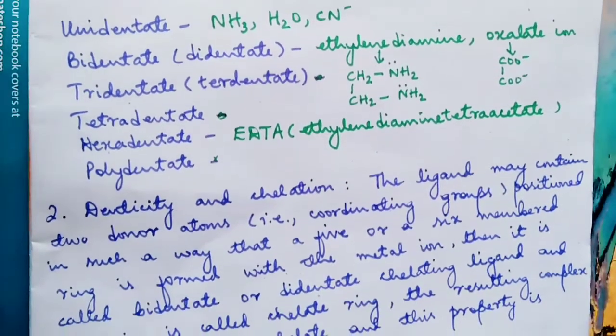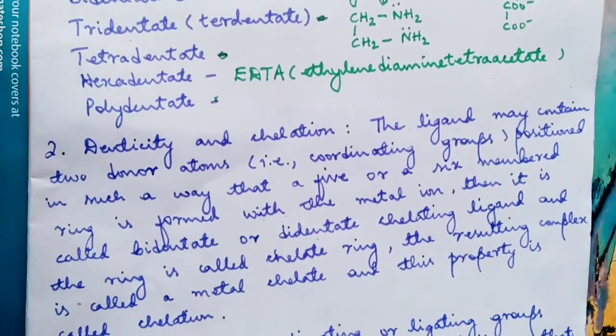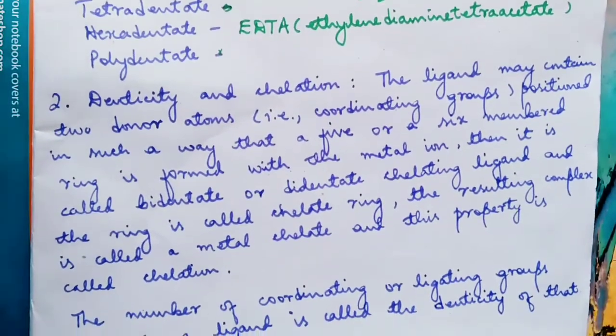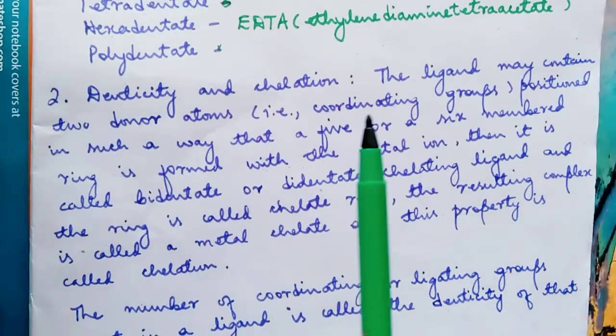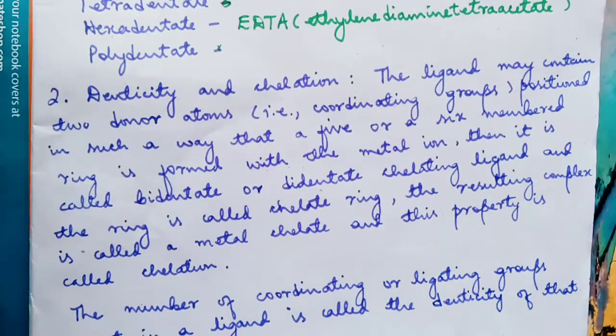Let's come to the second one, denticity and chelation. Now we focus on the bidentate ligand, a ligand which contains two donor atoms, that is, coordinating groups. When such a ligand is attached to the central metal atom, it positions in such a way that a 5 or 6 membered ring is formed.